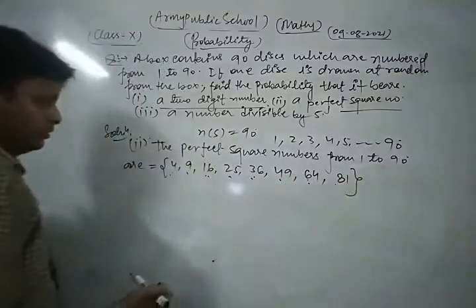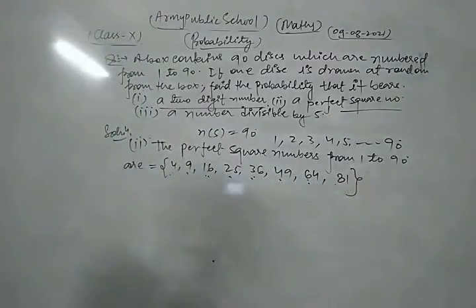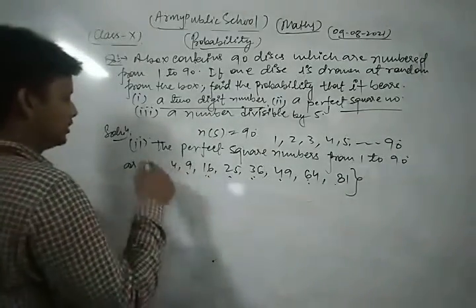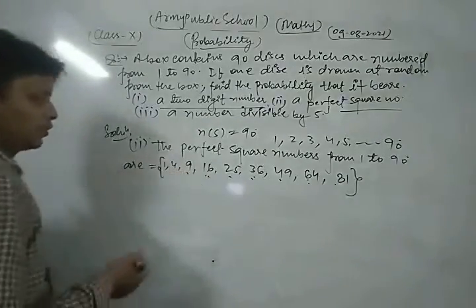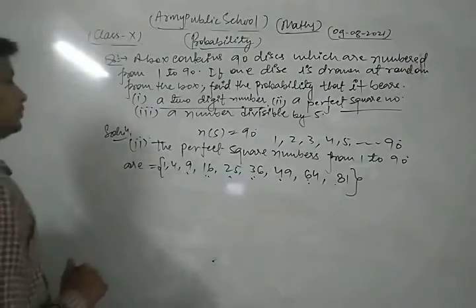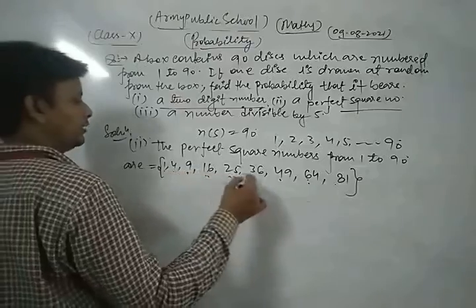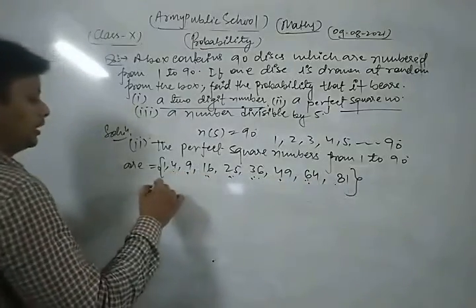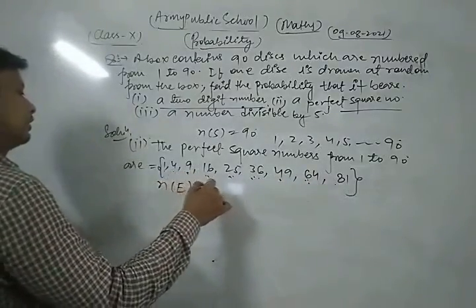Oh, 1 is also a perfect square, dear students. The square of 1 is 1. So how many numbers are there? 1, 2, 3, 4, 5, 6, 7, 8, 9. So the number of favorable outcomes here is 9.